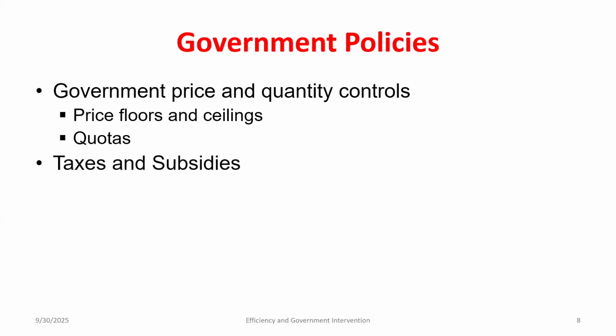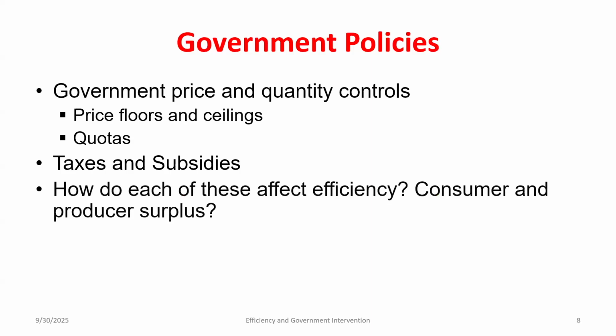Now, what's probably more commonly used by the government is not quantity controls, but adding in costs or benefits to consumers or producers by using taxes or subsidies. So we're going to look at how taxes and subsidies influence efficiency of our market.